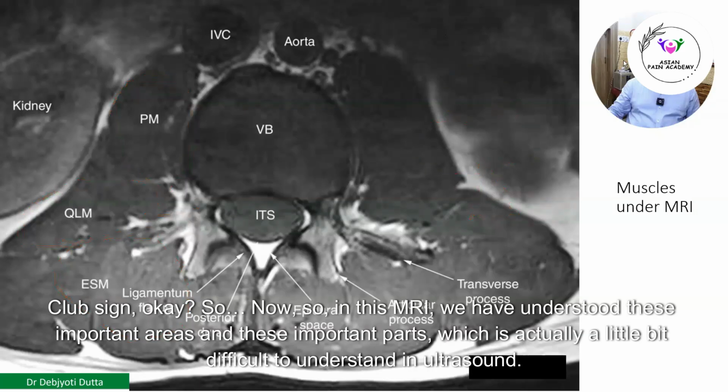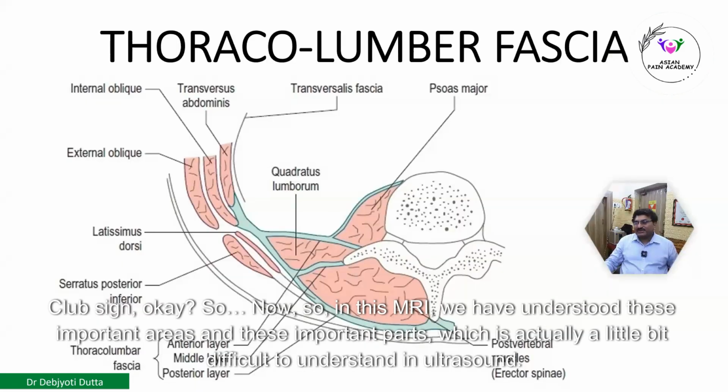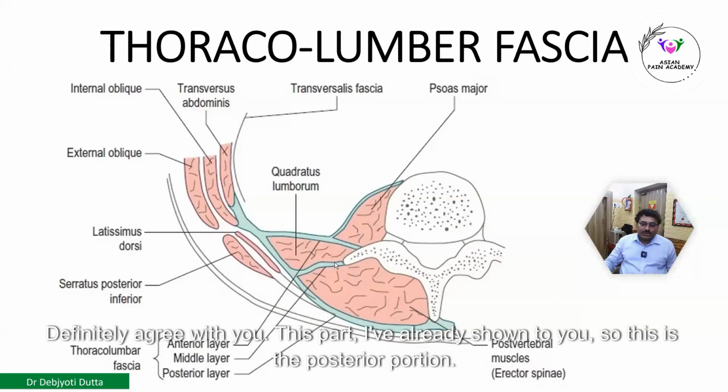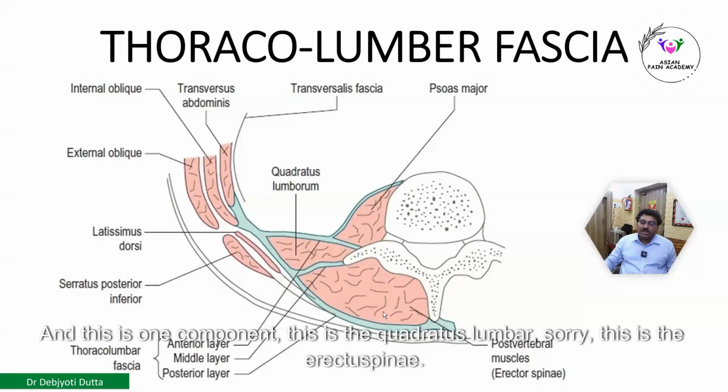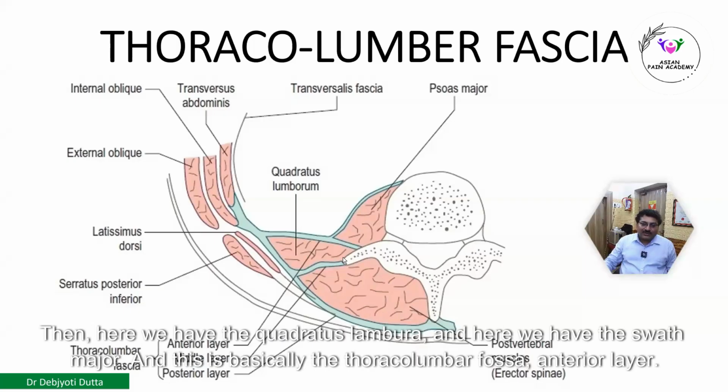Okay, so in this MRI, we have understood these important areas and parts, which is actually a little bit difficult to understand in ultrasound, but definitely we see. This part I have already shown to you. So this is the posterior portion, and this is one component. Sorry, this is the erector spinae. Then here we have the quadratus lumborum, and here we have the psoas major.